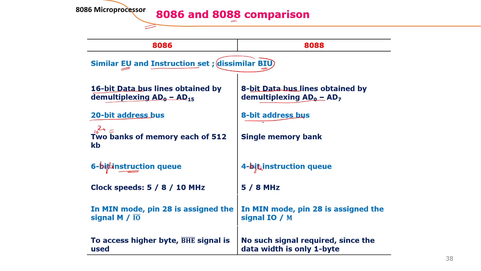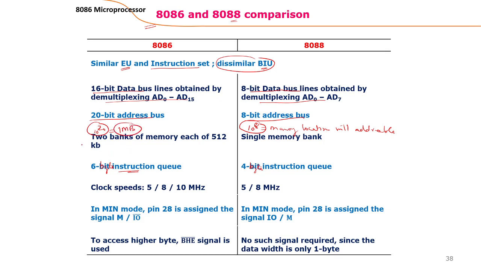In case of 8-bit addresses, it will be a maximum of 2 to the power 8, and you can address only that much memory. But in case of 8086, it can access this much memory, basically 1 MB.